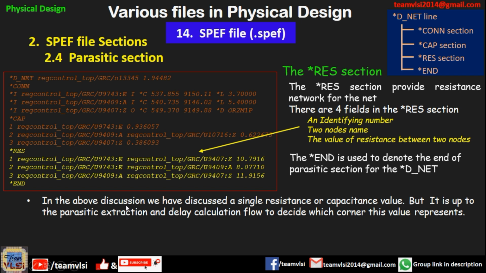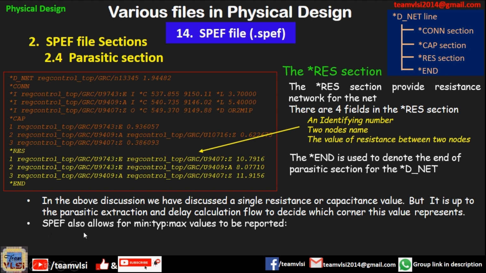In the above discussion, we have discussed a single resistance or capacitance value, but it is up to the parasitic extraction and delay calculation flow to decide which corners this value represents.